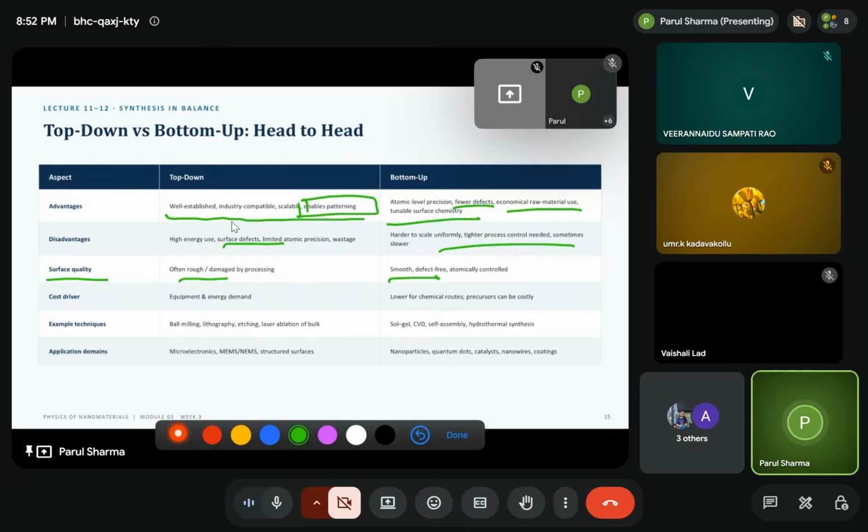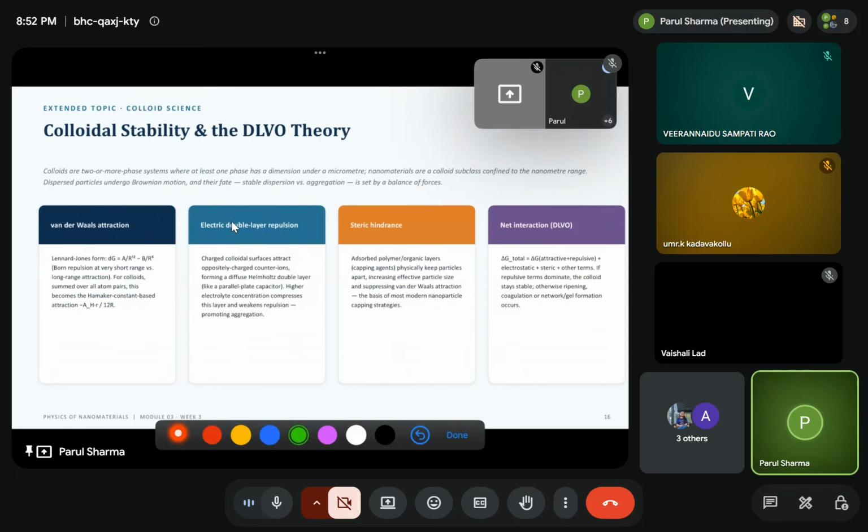So these are the various techniques we have already seen. Then, colloidal stability and the DLVO theory. We have already studied that colloids are two or more phase systems where at least one phase has a dimension under a micrometer.